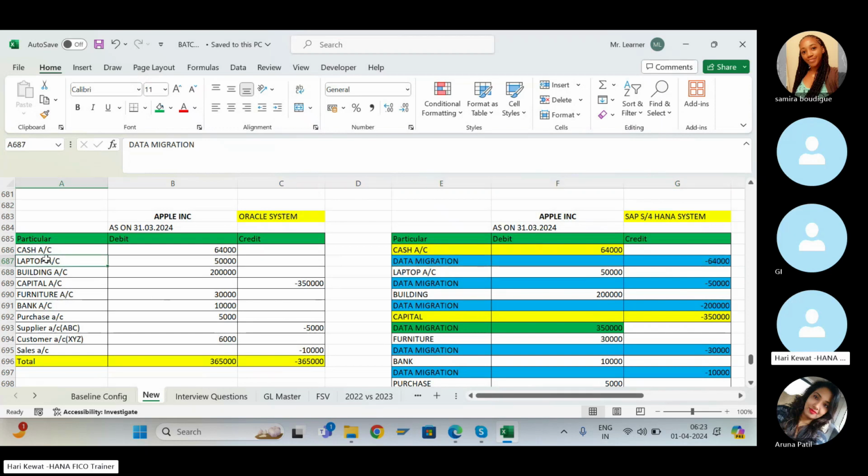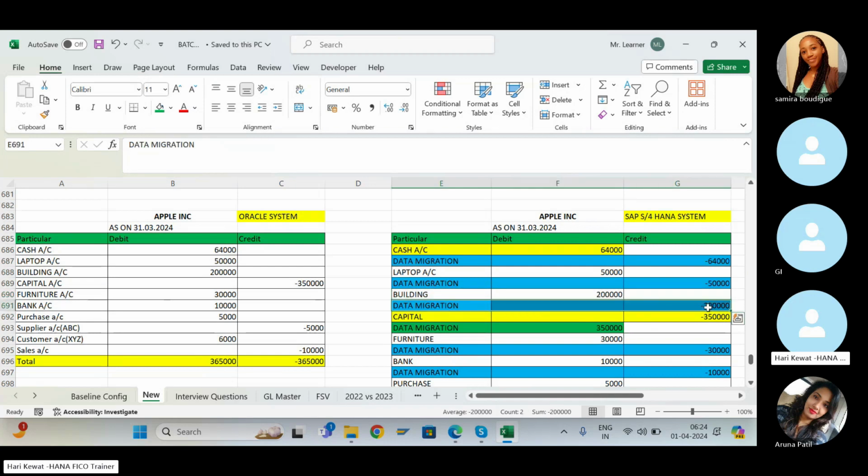Similarly, when you want to post the legacy system laptop balance in the S4 HANA system, the laptop has a debit balance, so you debit the laptop and credit the data migration GL. Similarly, a building you are debiting and data migration GL you are crediting.